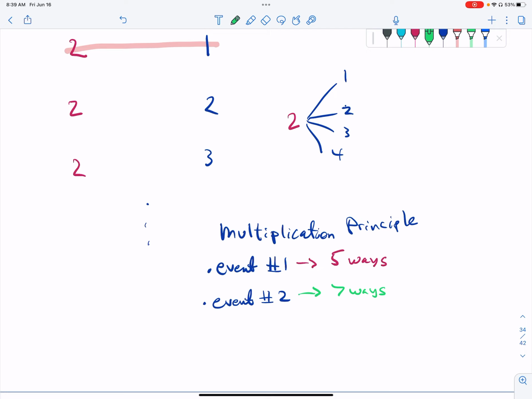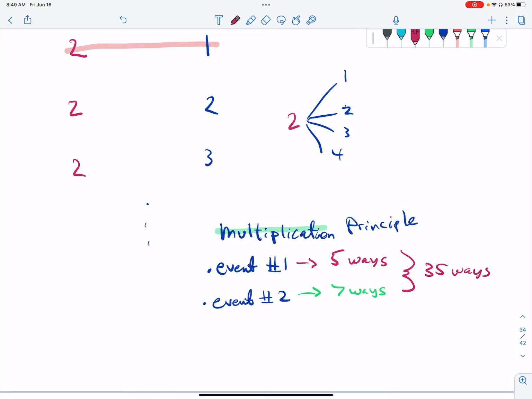I just want both of them to happen, and I want to know what are the possible different pairings of these 2 events that could happen. So I would take the 5 ways and the 7 ways. The multiplication principle tells me that I would multiply those 2 together, and I would get 35 different ways that both of these events can happen together. You do not add them, you multiply them.